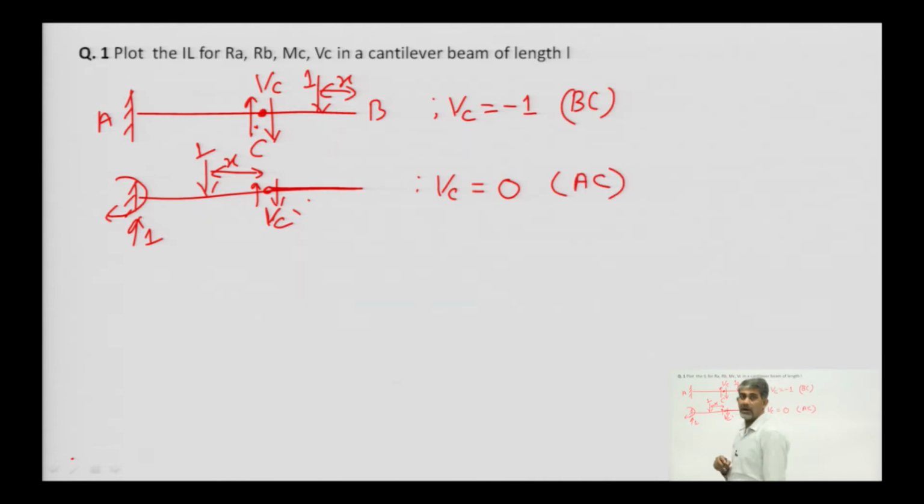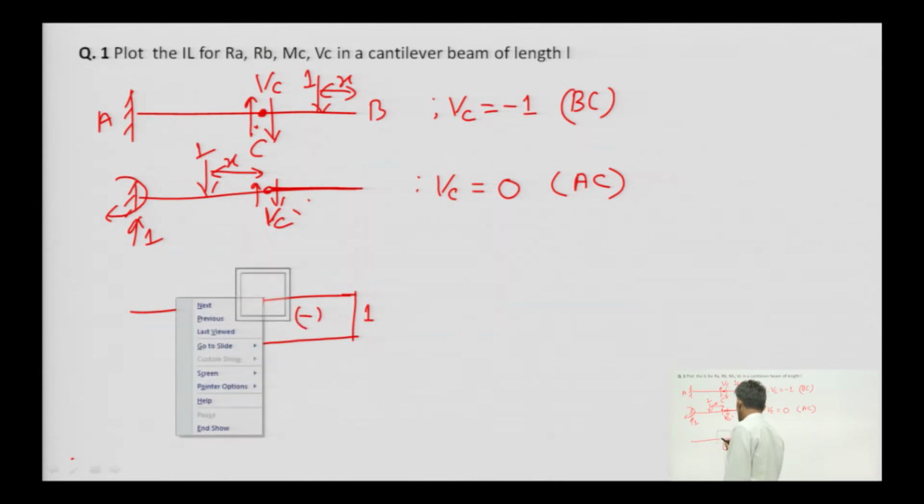Now, we can plot to get the IL for shear at point C. At point B, it is independent from x, and it is with minus sign. So, it is constant, and the value is 1.